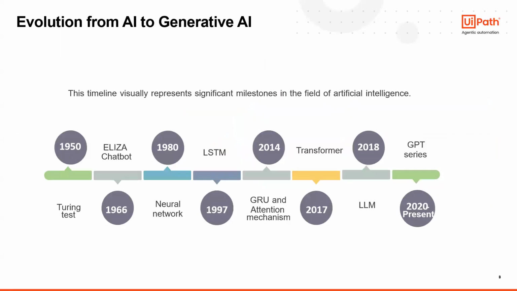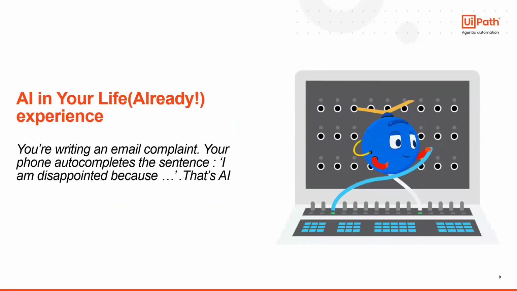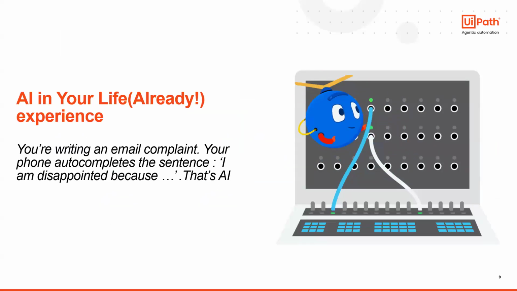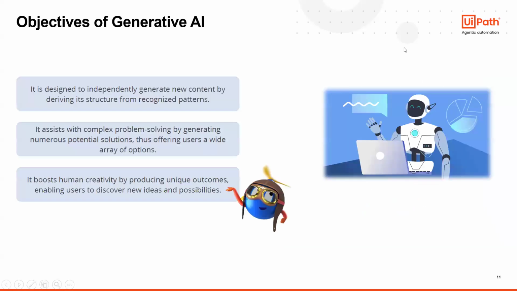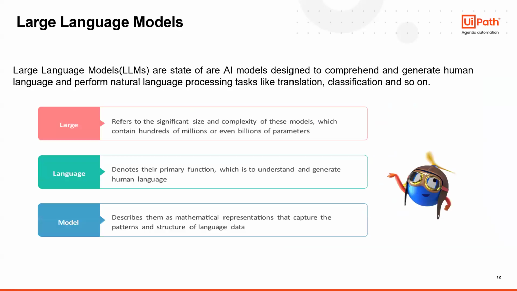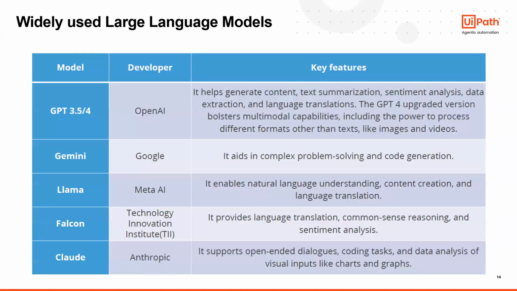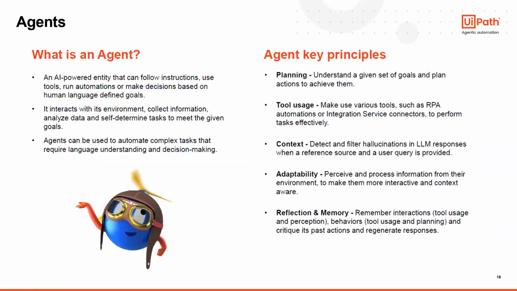So we discussed AI, and how AI evolved to generative AI, and then we saw a few examples of AI in your life experiences, and an example of a generative AI with a cake maker, and then few objectives, and what are large language models, which some of you have widely used, and then we started with an agent.